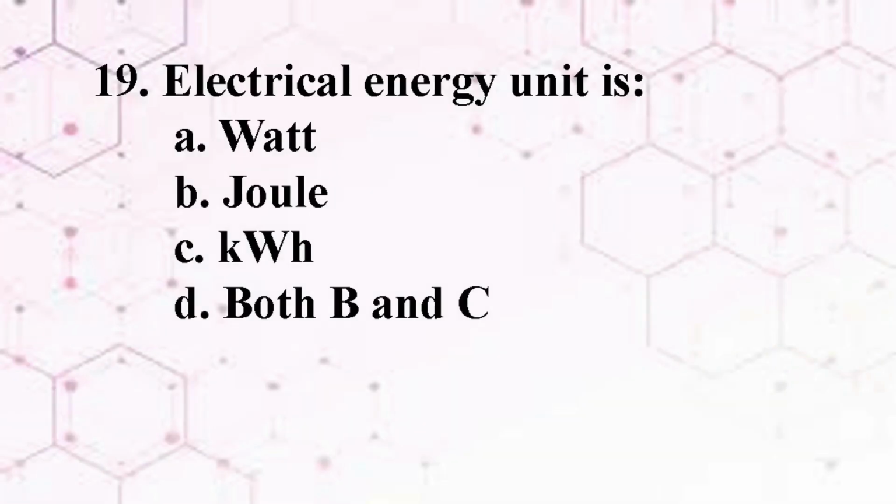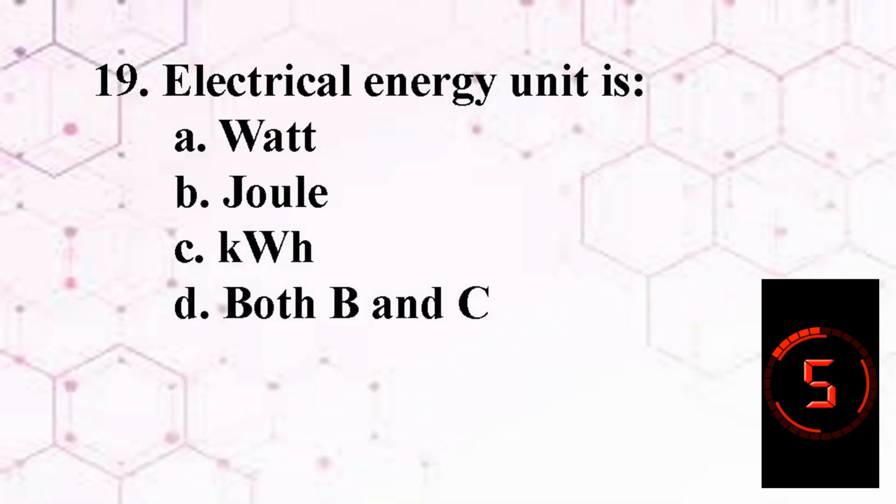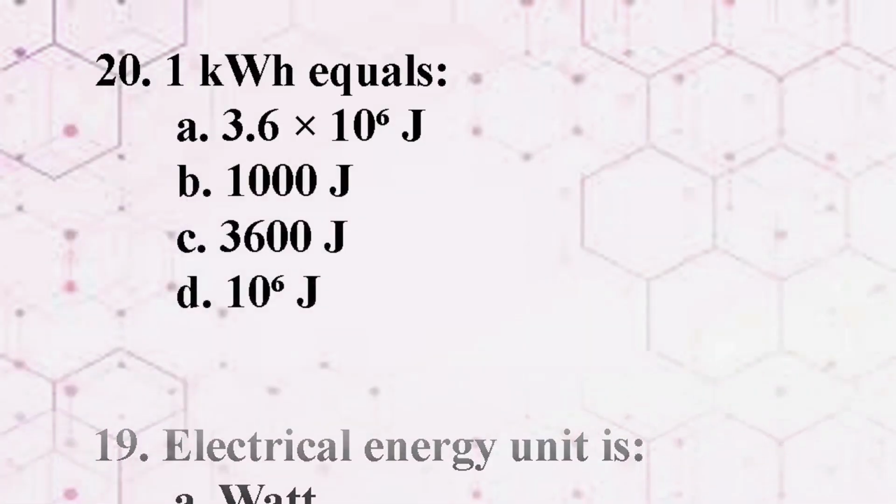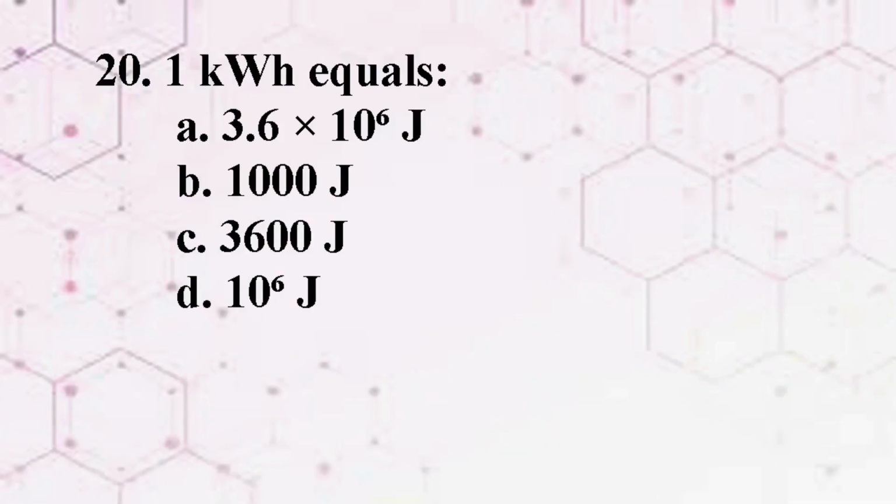Question number 19. Electrical energy unit is A watt, B joule, C kilowatt hour, D both B and C. The correct answer is D both B and C. Question number 20. 1 kilowatt hour equals A 3.6 times 10 raised to 6 joule, B 1000 joule, C 3600 joule, D 10 raised to 6 joule.